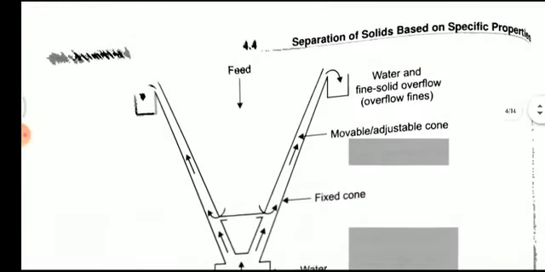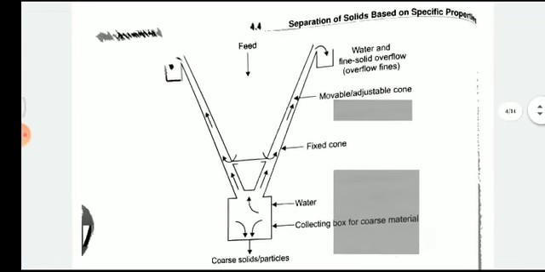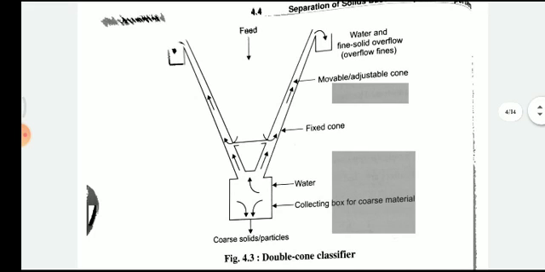The double cone classifier is shown in figure 4.3. Here the feed is fed from the top of the vessel, and on the inner side there is a fixed cone.